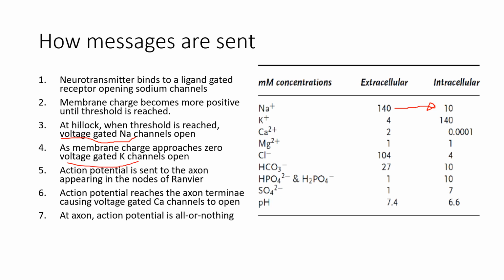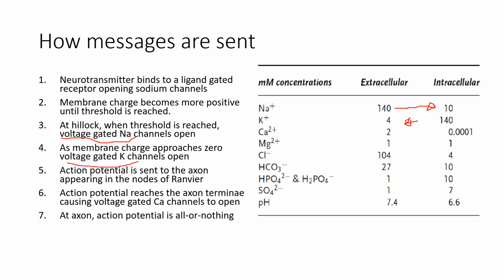You can see here potassium will move out of the cell, and as it's positive charge, it's going to lose positive, so you're going to gain a negative charge. That's your action potential, and it's going to be sent down the axon, one node of Ranvier at a time. And so it's going to jump, that saltatory pattern.